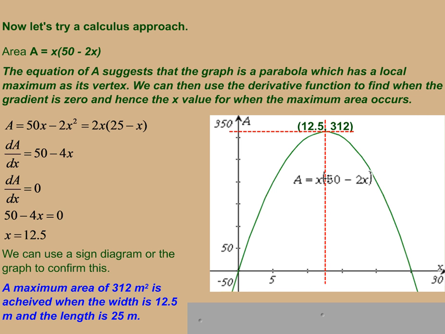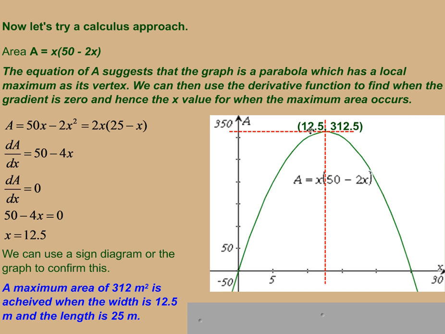So by symmetry, it's at 12.5, and when you substitute 12.5 back into the equation, that gives us 312.5. So we can see from calculus, the turning point is at 12.5.